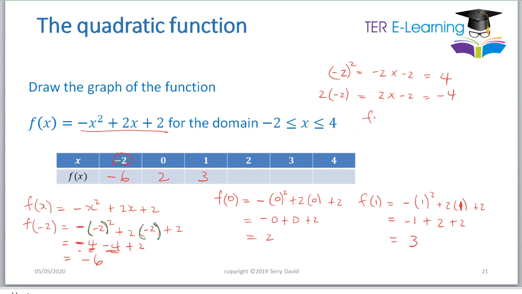So f of 2 will be equal to minus 2 squared plus 2 multiplied by 2 plus 2. So we don't do anything with the minus because it's outside the bracket. 2 2s are 4, plus 2 2s are 4, plus 2. Minus 4 plus 4 is 0, plus 2 gives me 2. So the answer here is actually 2 as well, right? So what is f of 3?